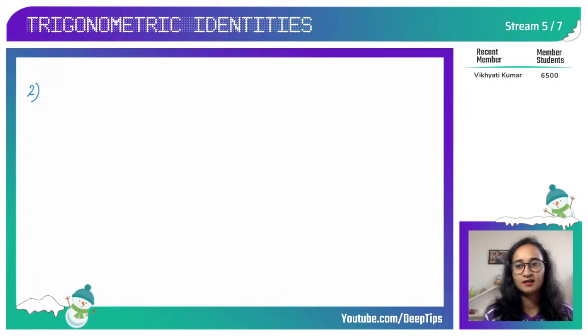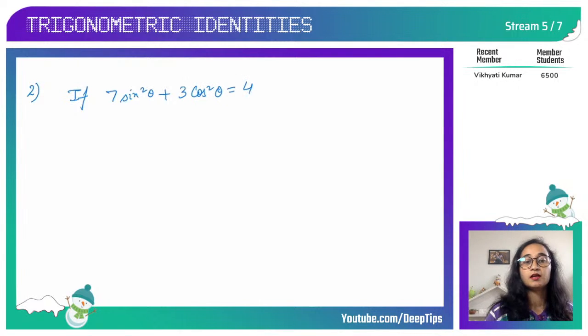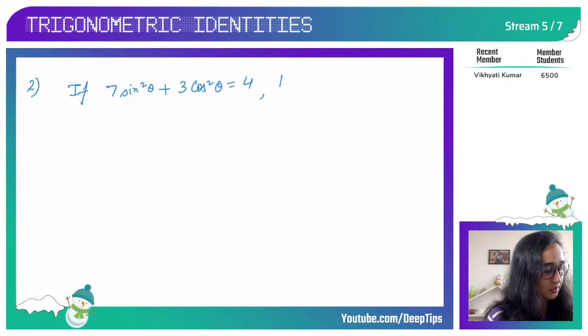Yeah, so okay, my second question is, if 7 sine square theta plus 3 cos square theta equals to 4. In the previous question we had something in LHS and we had to prove in RHS that it is equal to 1, but now one condition is given, that 7 sine square theta plus 3 cos square theta is equals to 4, and we have to show something.